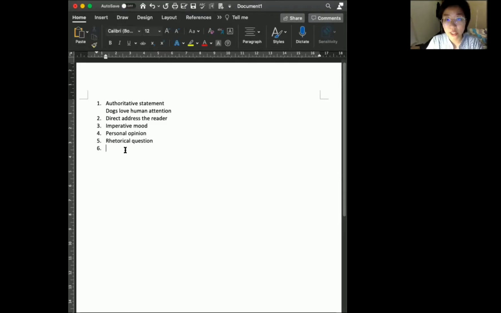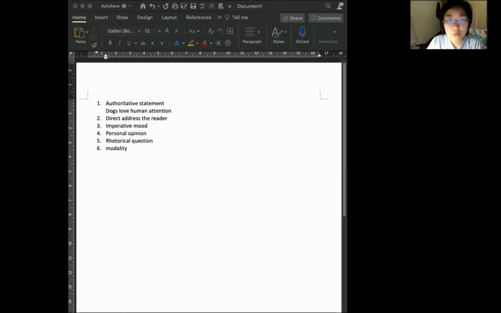So that's pretty effective. Next one is modality. So use modal verbs such as can, should, must, may, and also not limited to those words, also expressions of probability and negation.